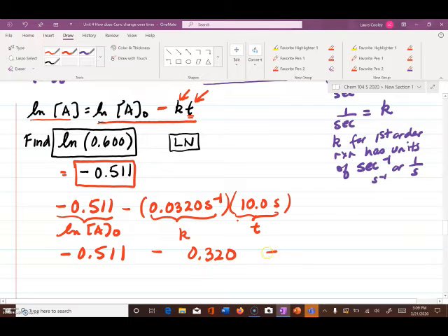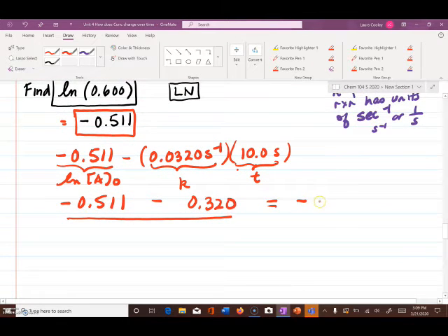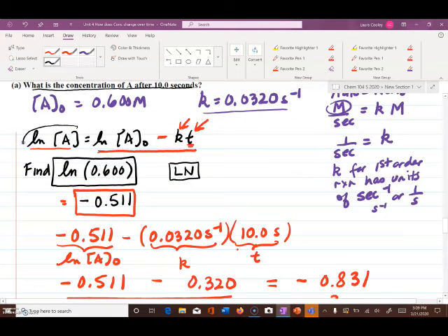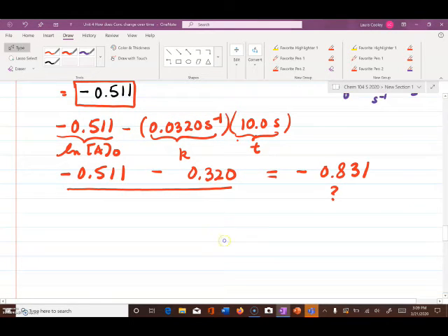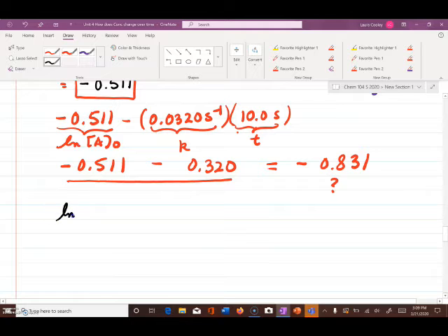If you combine these two negative numbers together, we get negative 0.831. Okay, so what is this number? If we go back and look at the equation, that's the log of the concentration after the 10 seconds have passed. So that's the log of A at T equals 10 seconds, minus 0.831.